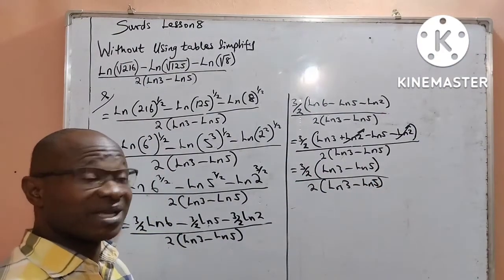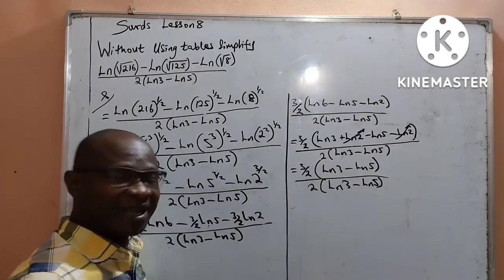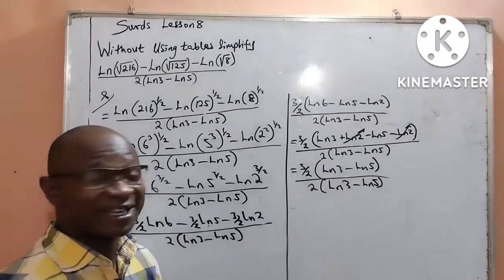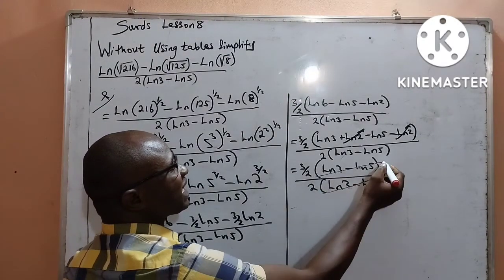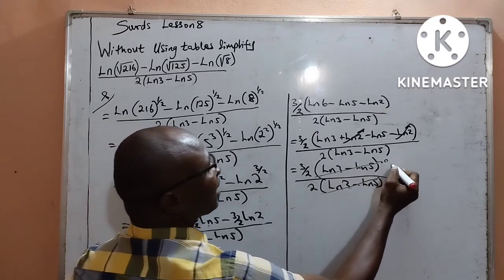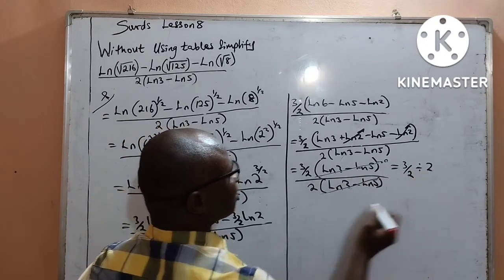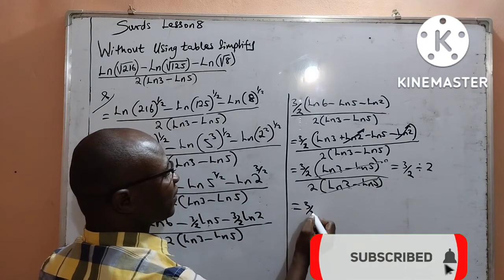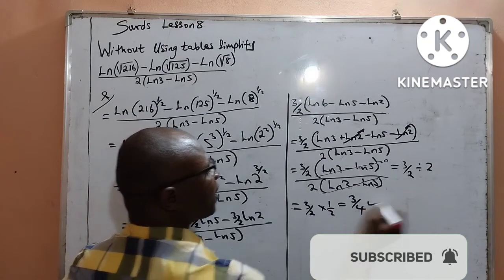As I am seeing on the board, what we have at the numerator inside the bracket is exactly what we have at the denominator inside the bracket. So the two of them can cancel out, and we will be left with 3 over 2 divided by 2, which can be written as 3 over 2 times 1 over 2, equal to 3 over 4.